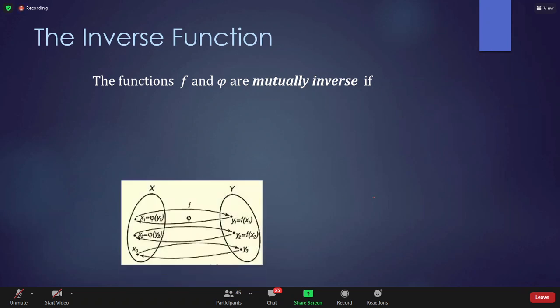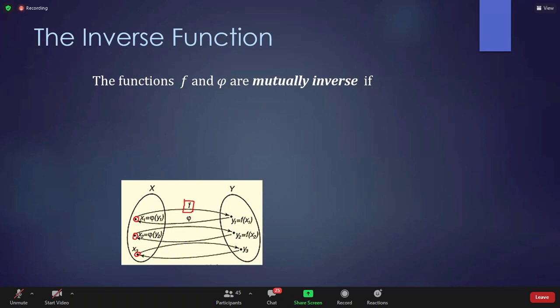And so to show it in a diagram, we have the range of the function f. As you can see, the range of the function f consists of values, for example, x1, x2, x3. The function f maps these values onto y1, y2, y3. So for each x value, the function f gives you a y value.